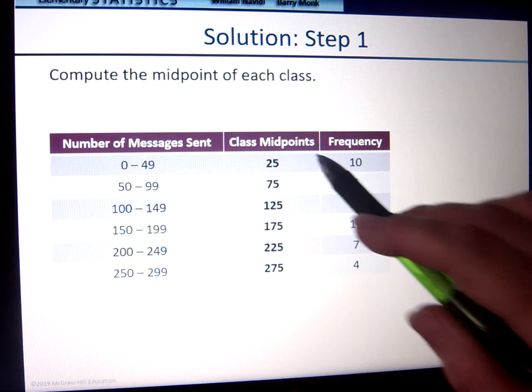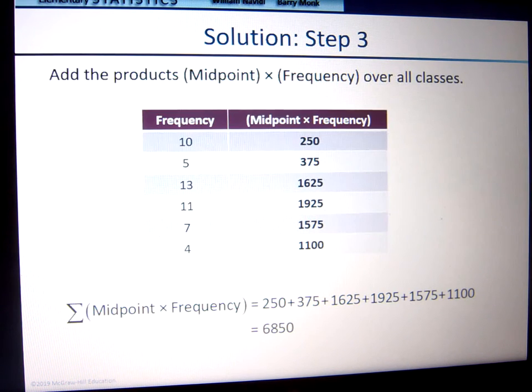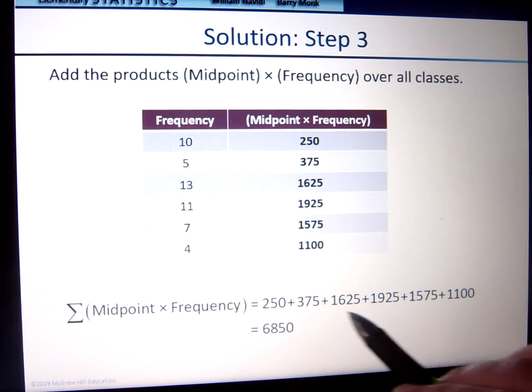We will multiply those together. When we multiply those together, we will get these numbers. After we get these numbers, then we're going to add them together.